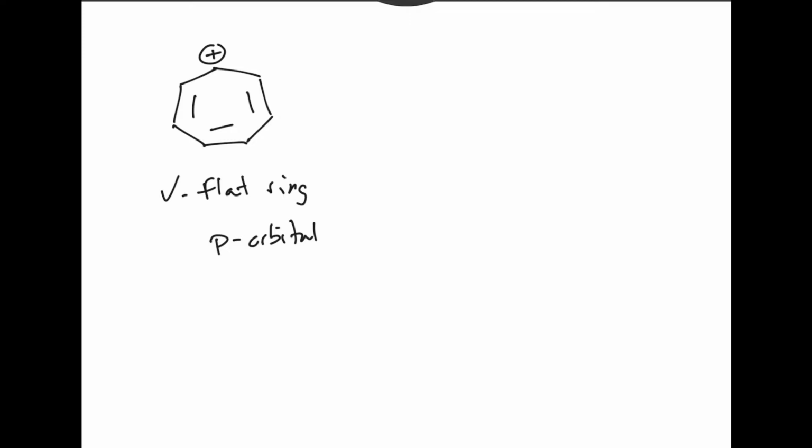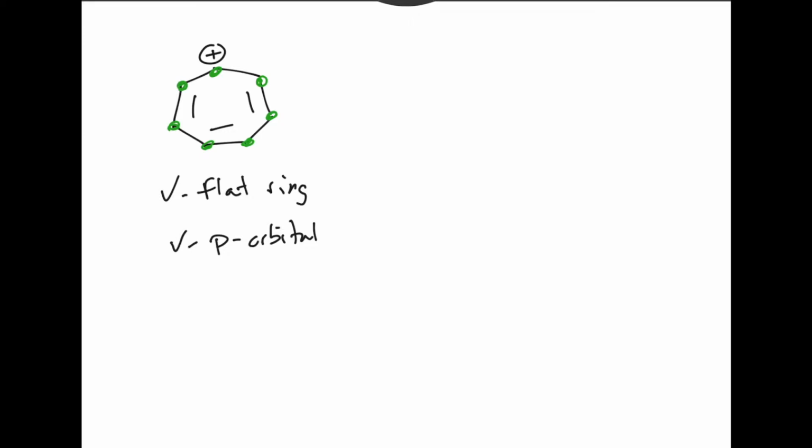Does every carbon have a p orbital? These carbons here are all part of a double bond, so yes, they have p orbitals. And the positive charge gives that carbon a p orbital, so it also has a p orbital. So you end up having p orbitals all the way around. So you've met the p orbital requirement.